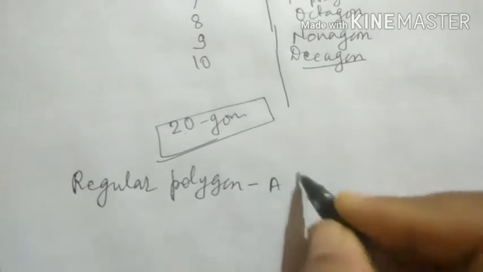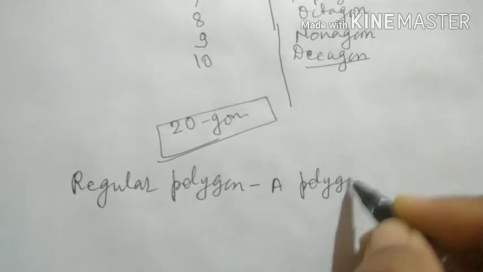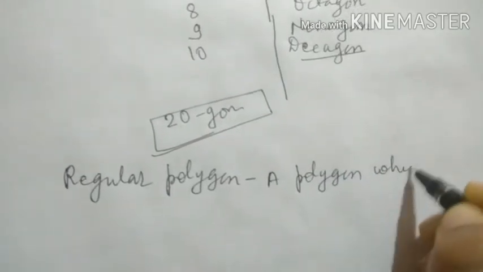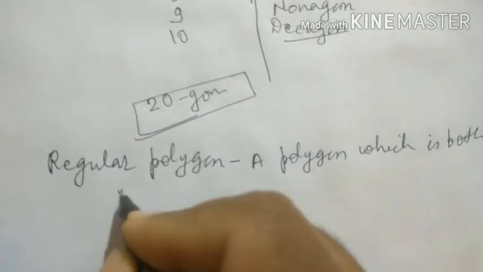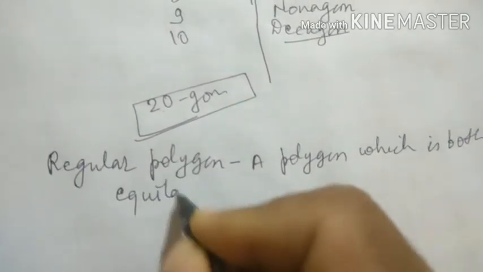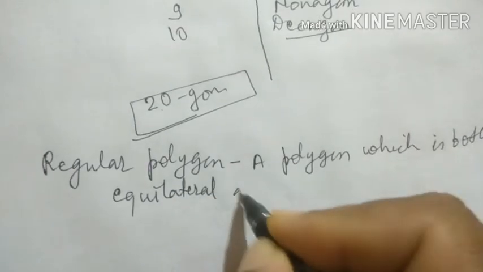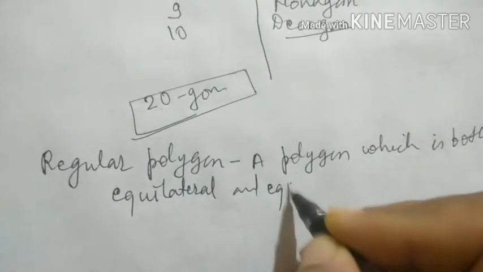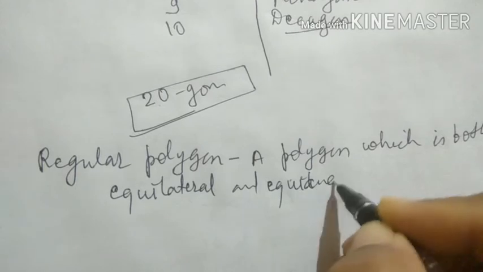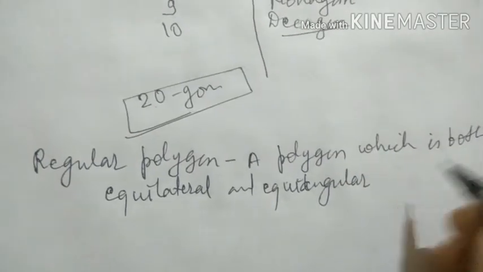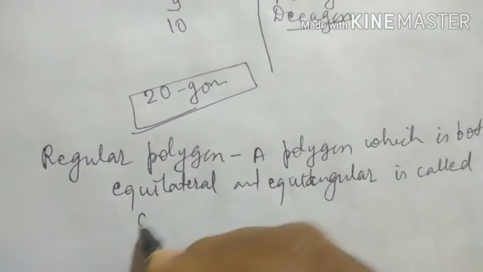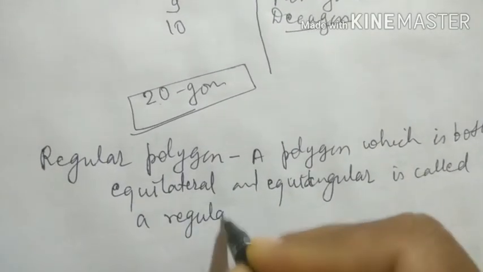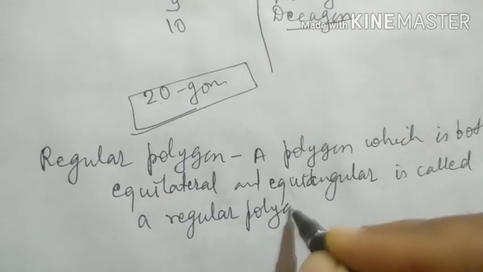A polygon which is both equilateral and equiangular is called a regular polygon.